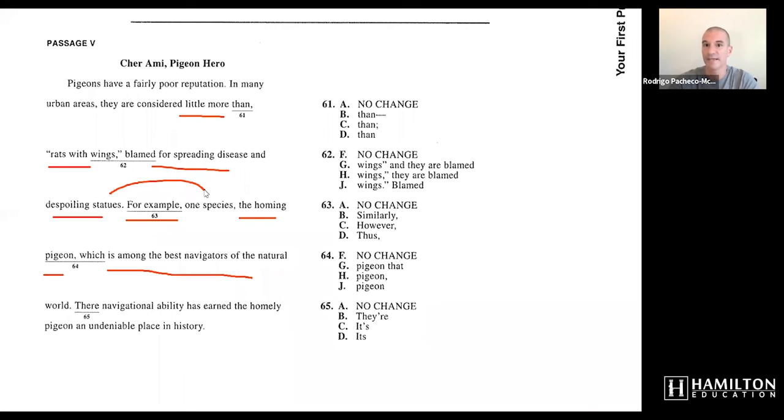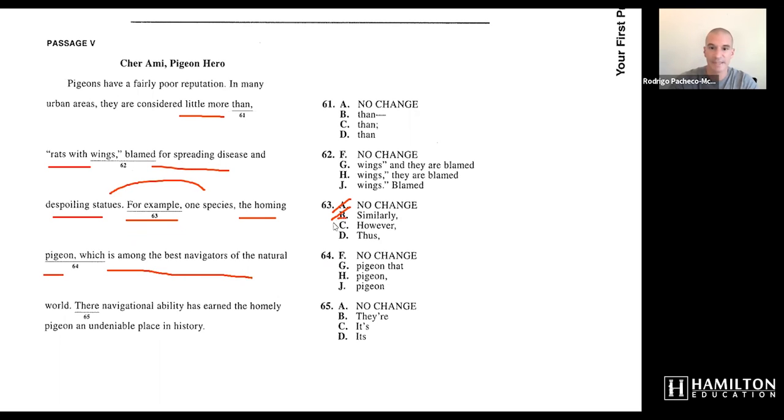What we have here is a contrast, which means that we need a transition that is going to give us a contrast. A, no change, for example, is used for emphasis. So that's not going to work here. B, "similarly," is used for additional information. And what we have here is a contrast.